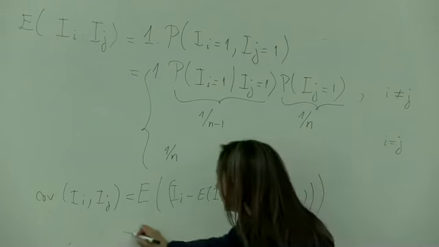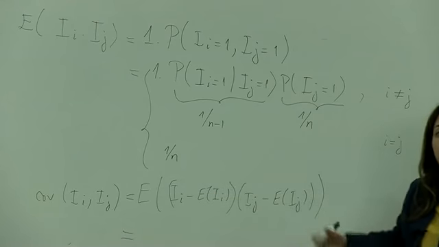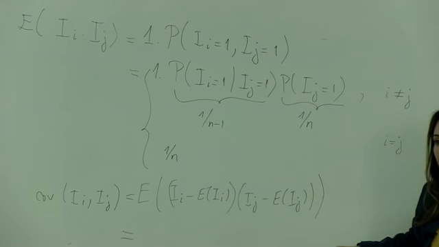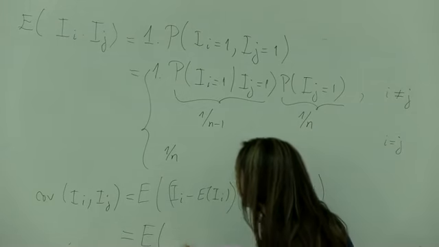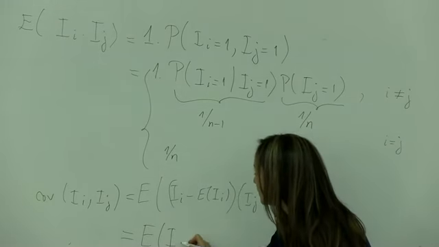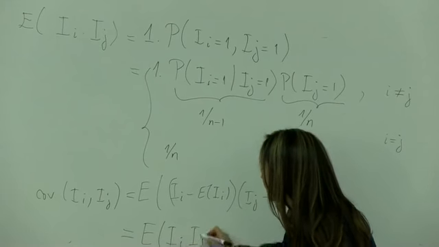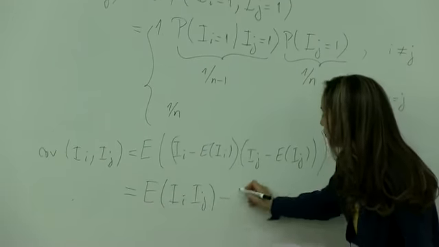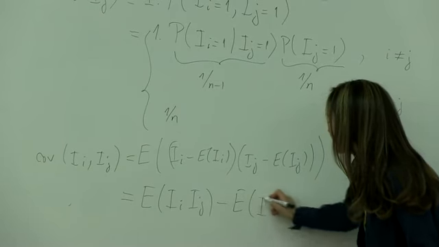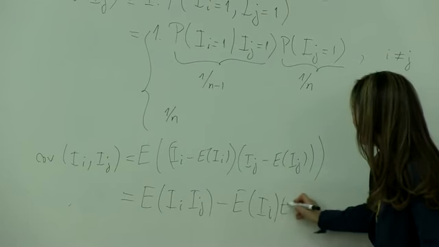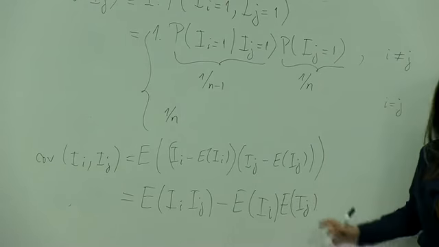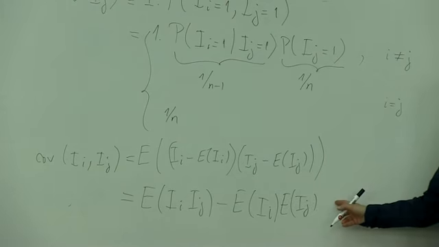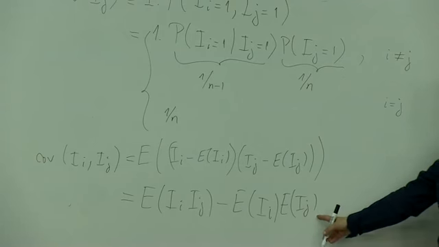Sometimes the following definition is easier to use, and we proved the equivalence of the two definitions. Expectation of the product, I_i times I_j, minus the product of the expectations. When is this equal to 0?